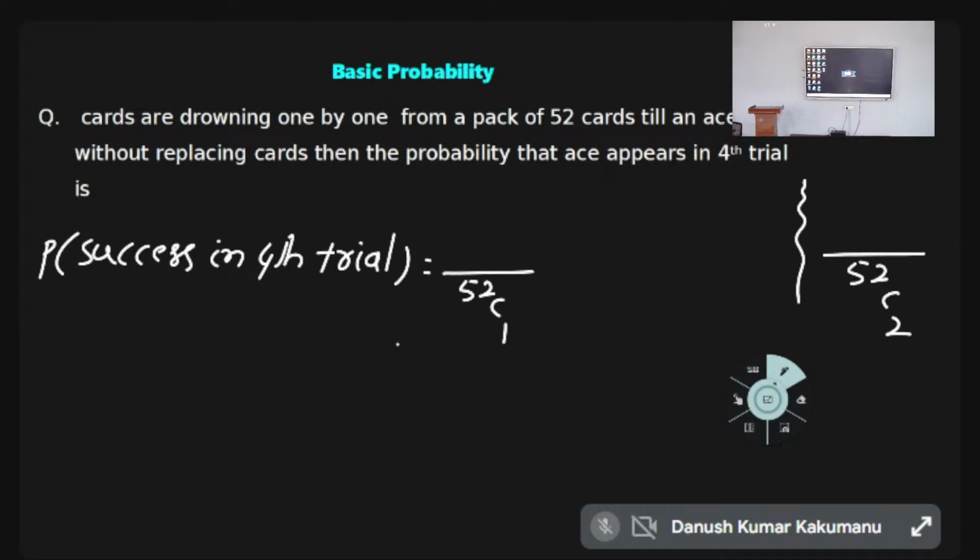That card must be anyone from the remaining 48. Is that right or not? The first card must be any one card among the remaining 48 cards, and what is it? 48C1. Clear or not?